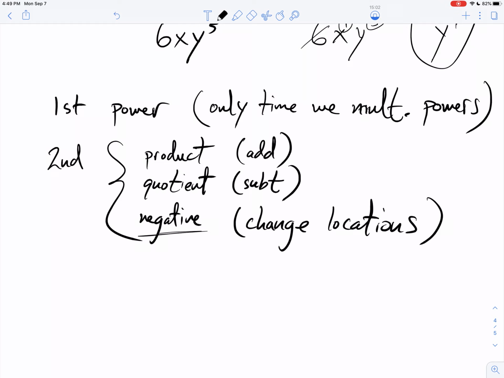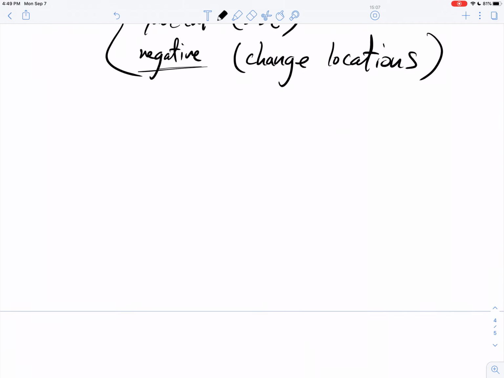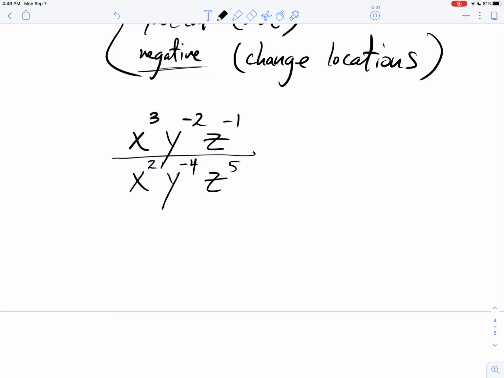Well, let's talk about the negative rule since we haven't done that one yet. Well, it's pretty simple. Let's do something like this. I'm going to do x to the third, y to the negative 2, z to the negative 1 over x to the second, y to the negative 4, and z to the fifth. Well, this guy has negative exponents in it. So here's the thing with that.